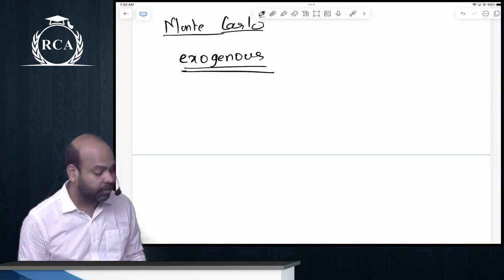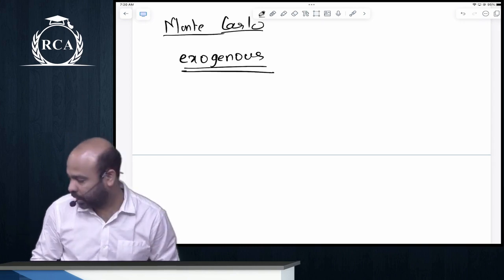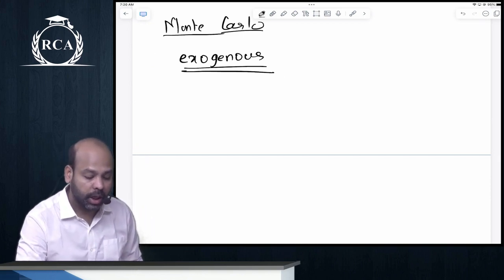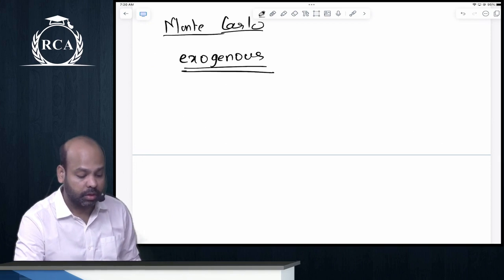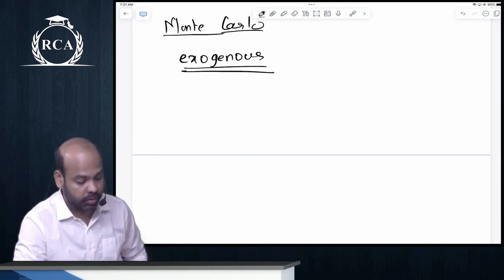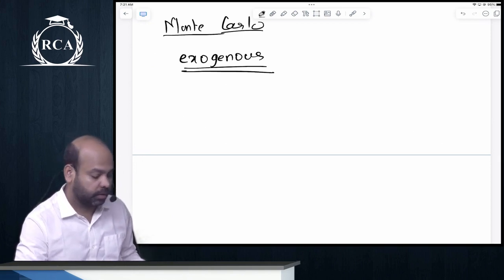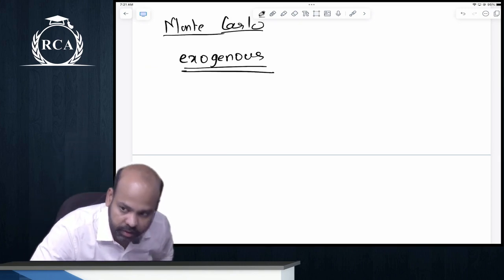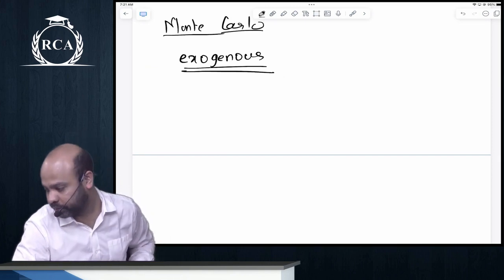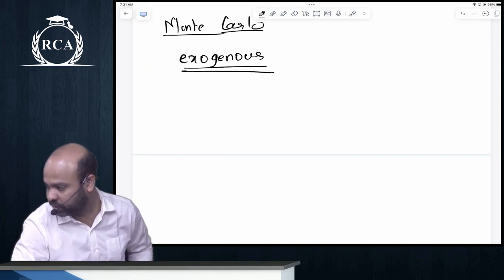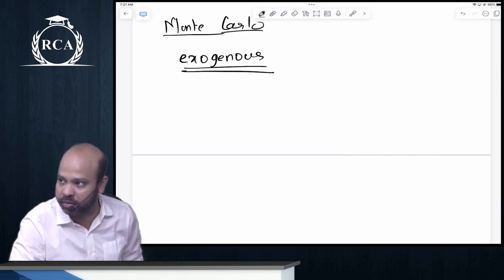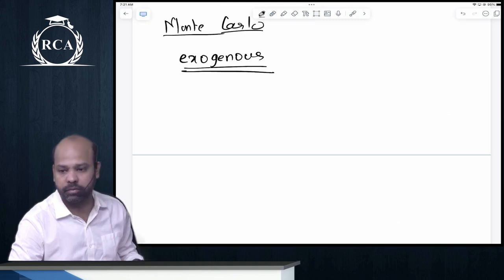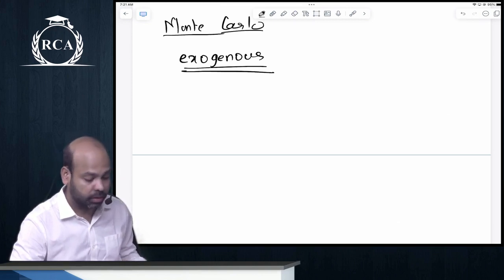Parameters are the values that will remain constant. Exogenous variables are uncontrollable factors.